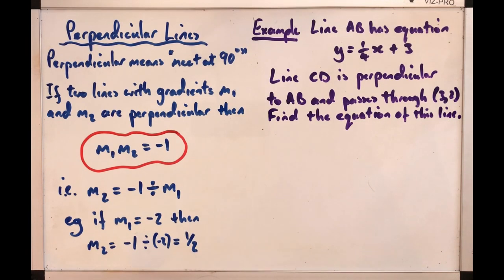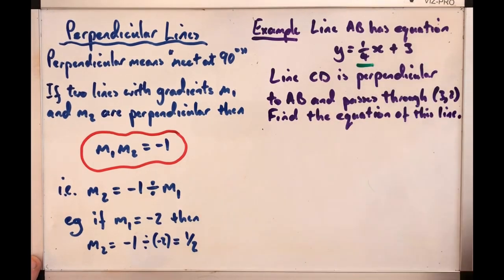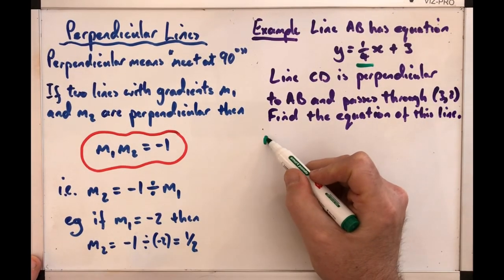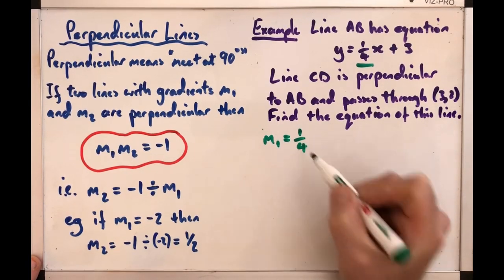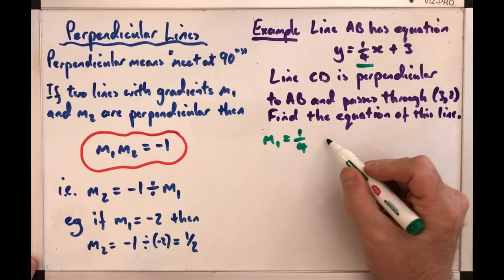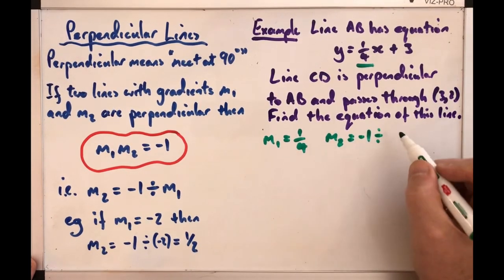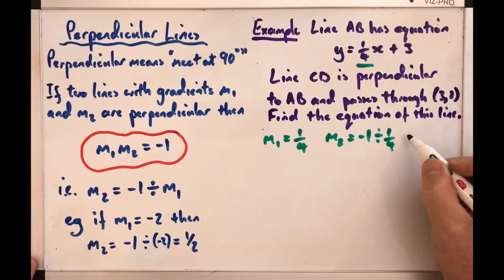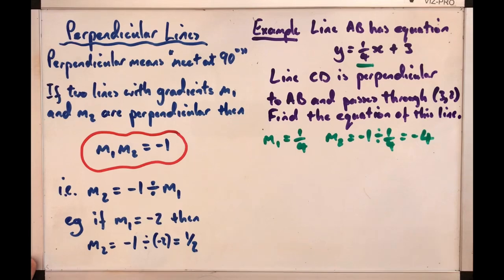Well, first of all, this line is written in y equals mx plus c form, so m1 is going to be 1/4. The line we're looking for is perpendicular, so m2 is -1 divided by 1/4, which will just give us -4. You would normally write -4/1, just write -4.